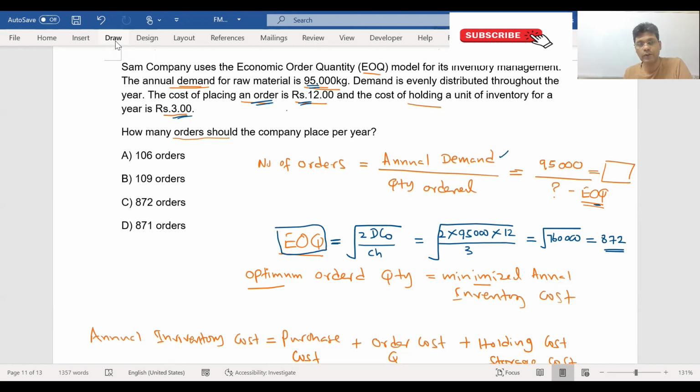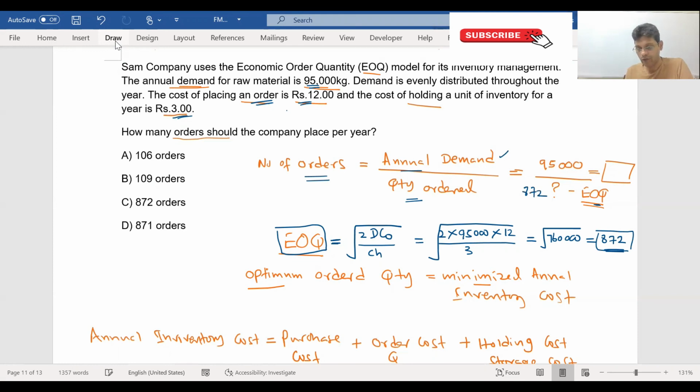The answer should be how many orders the company should place per year. The number of orders is calculated based on the annual demand and the quantity ordered. We know the annual demand; the quantity ordered we didn't know, as the question was silent about that. Now we calculated it based on the economic order quantity formula, which is 872.